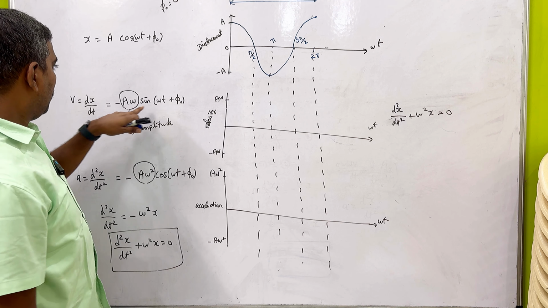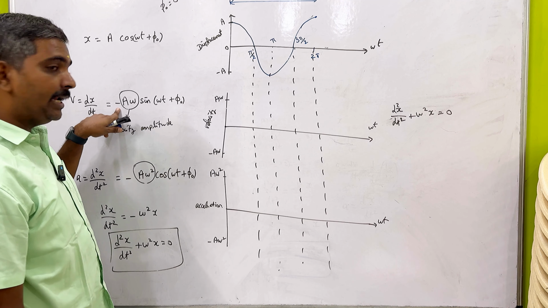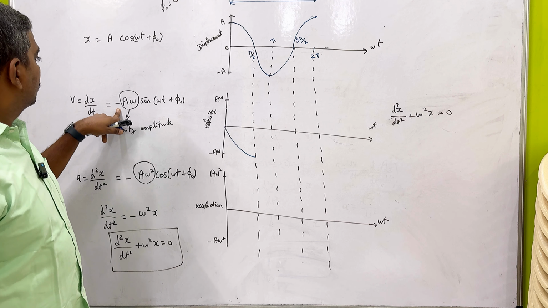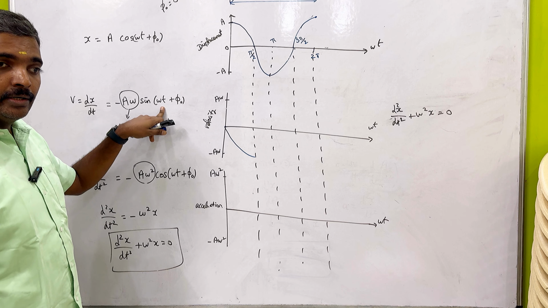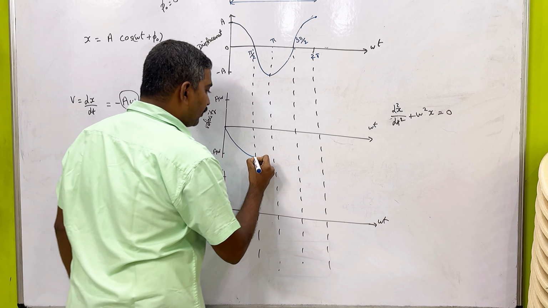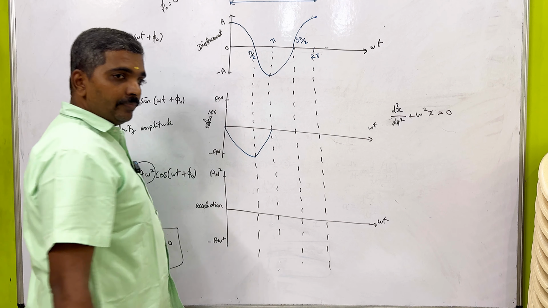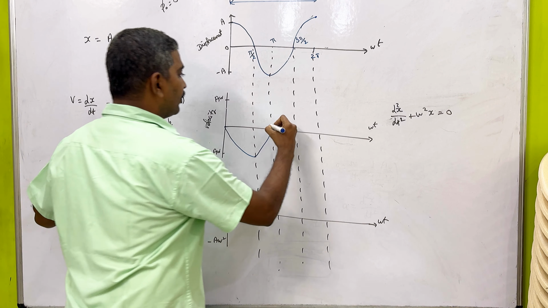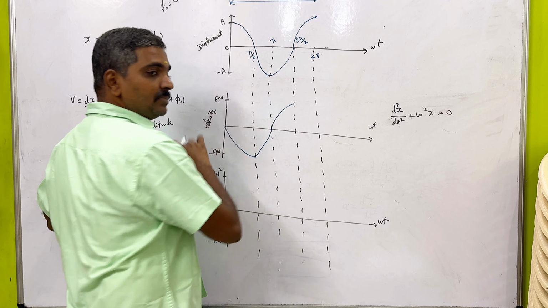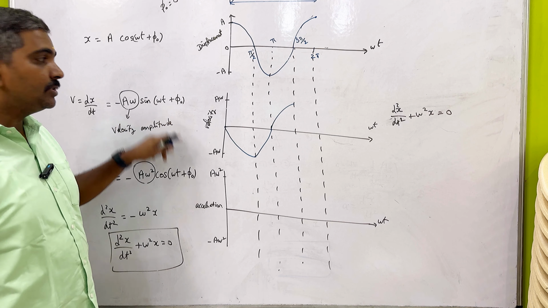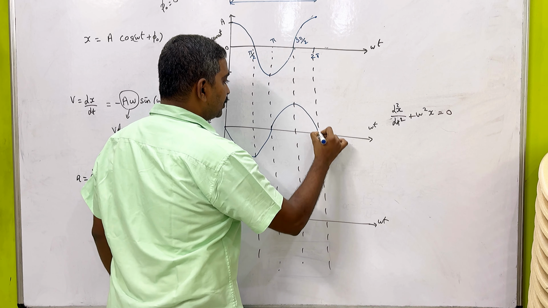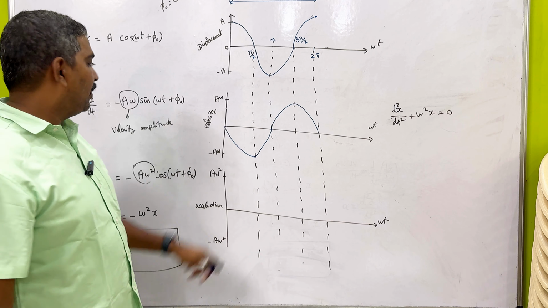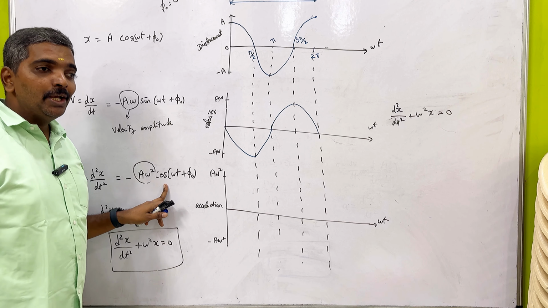Sine 90, but with the minus sign, is minus. Sine 180 is 0, so you're moving from here to here. Sine 270 is minus 1, minus of minus is plus, so plus maxima, and then sine is again 0. When displacement is maxima, velocity is minima.